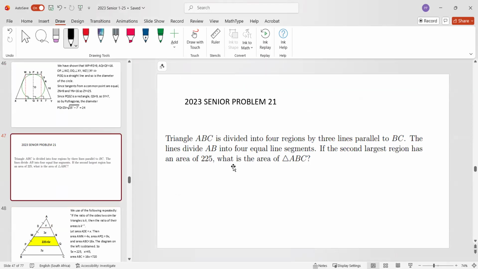It says here that the triangle ABC is divided up into 4 regions by 3 lines parallel to BC. So let's just draw that. So you've got triangle ABC.